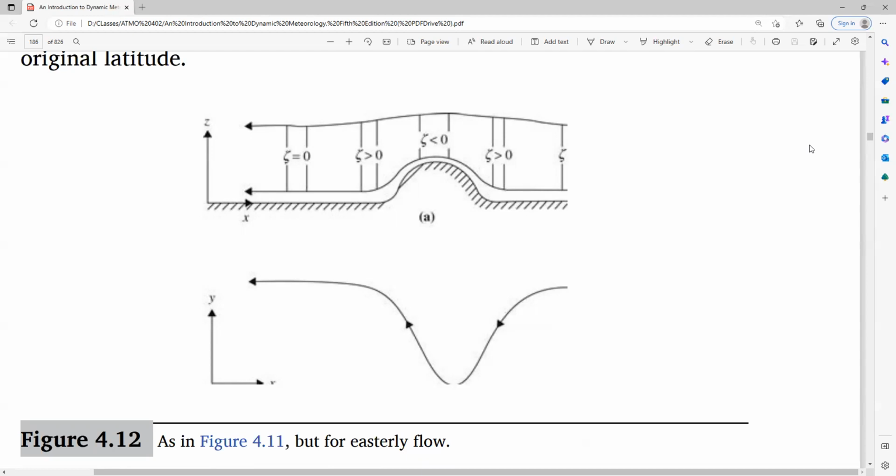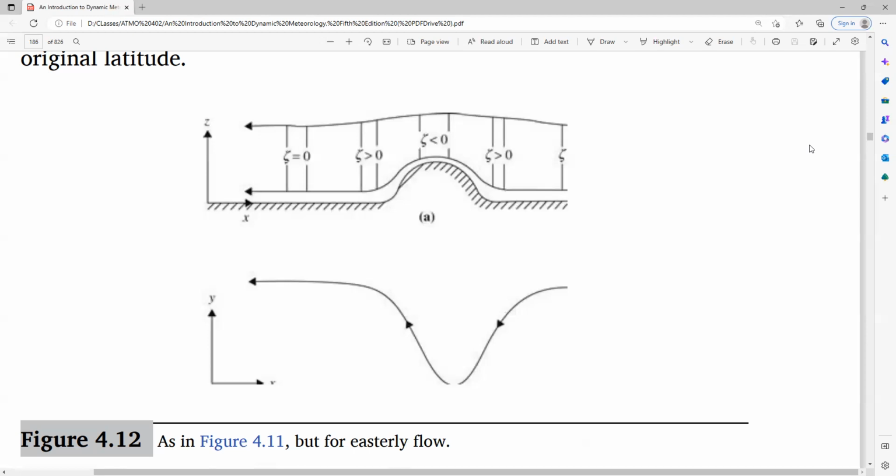So what happens? Curve to the south, planetary vorticity increases, so you have to curve back. Okay, curve to the south, and then with positive vorticity, it will have cyclonic rotation.